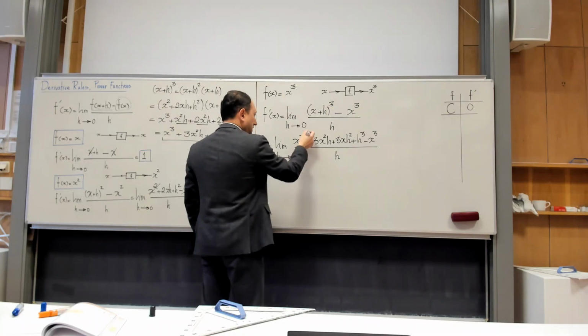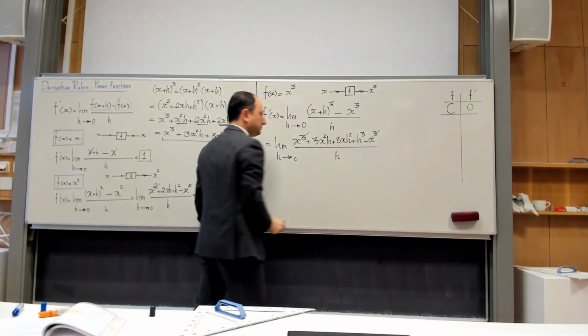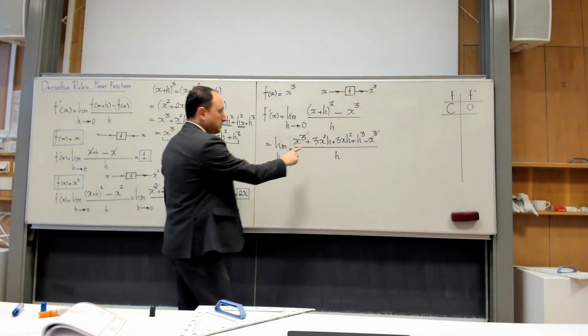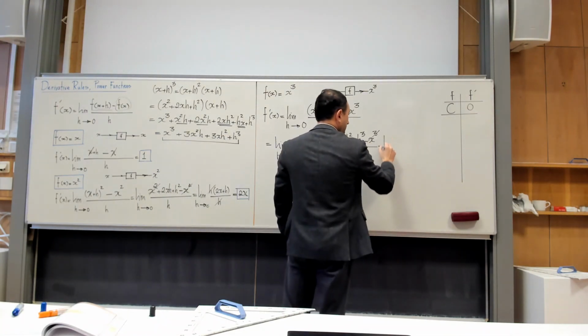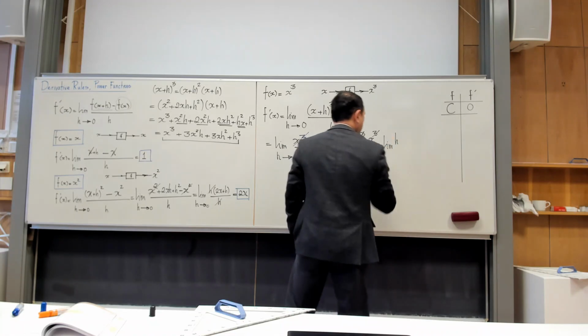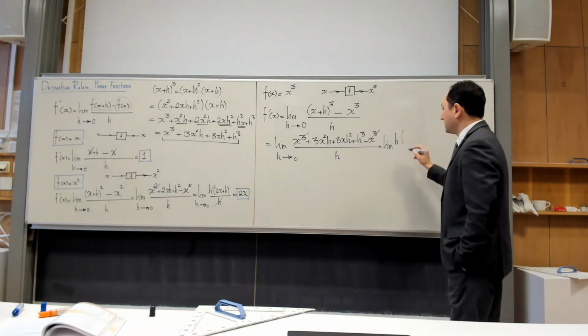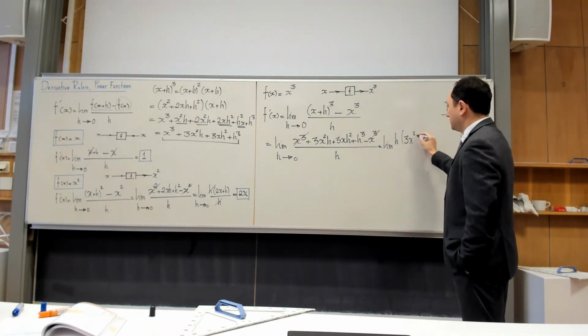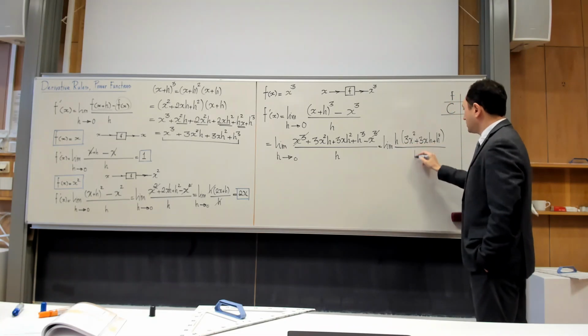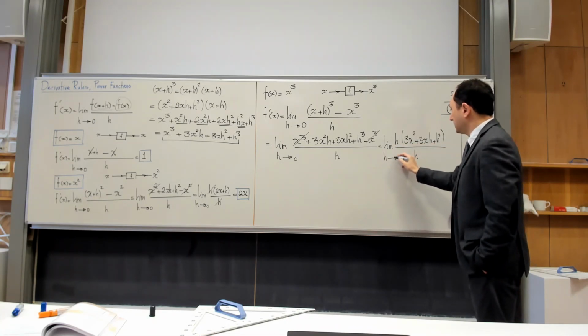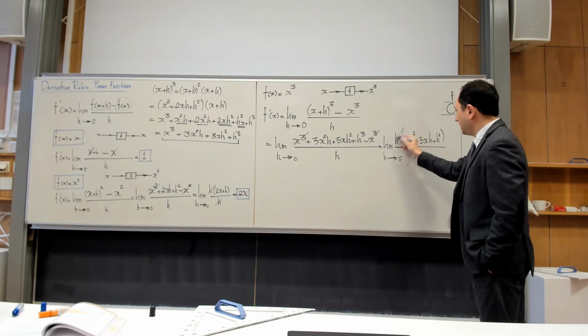And then you see that this one and that one are gone. And then you can see that I have h in common, so I can factor it out. It becomes 3x squared plus 3xh plus h squared, divided by h. h goes to 0, yes? And then this h and that h are cancelled.